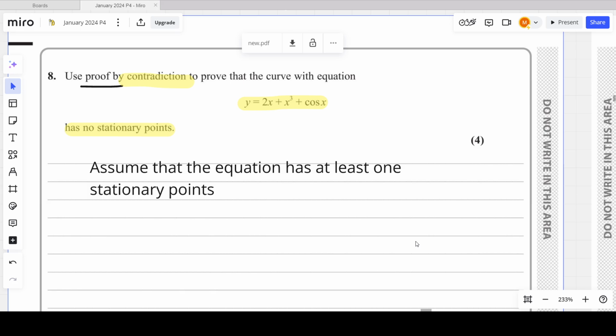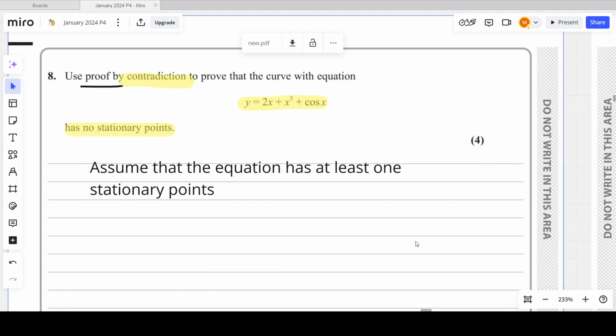If I can disprove that there is at least one stationary point, then the opposite thing holds. If there is at least one stationary point, what would be the opposite? No stationary points.